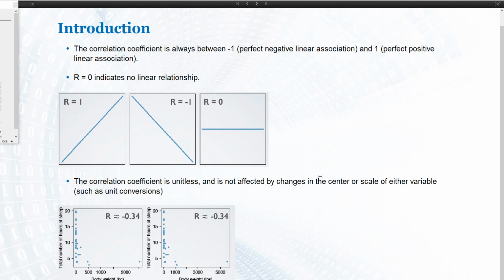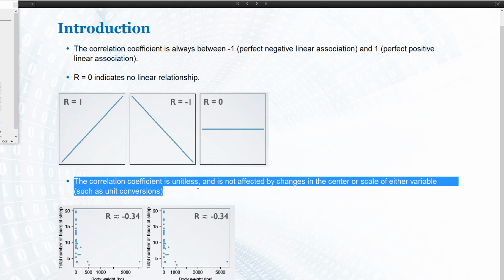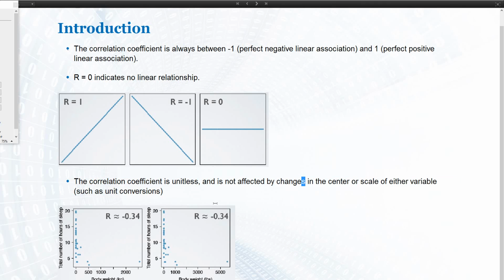Okay, so we will see later that the correlation coefficient is unitless. And it's not affected by linear transformations of your data. So if you recenter your data, if you scale it somehow, if you make unit conversions, it doesn't matter. This cancels out.